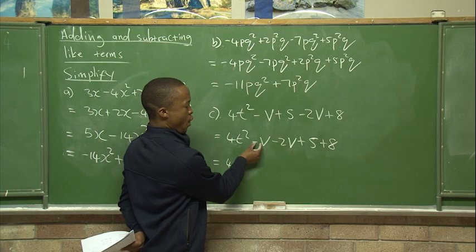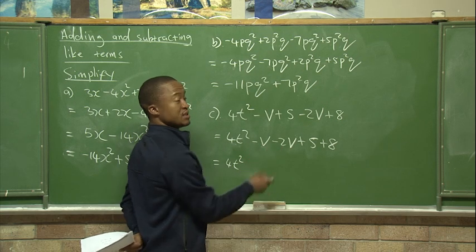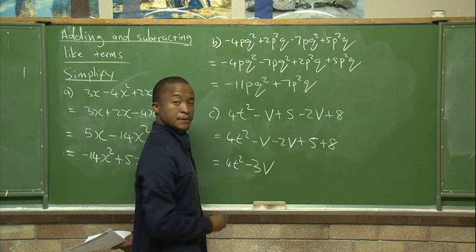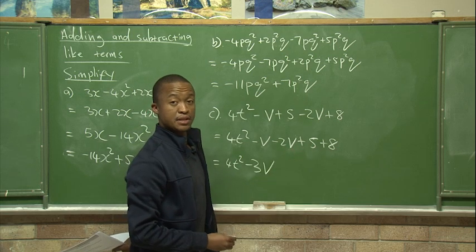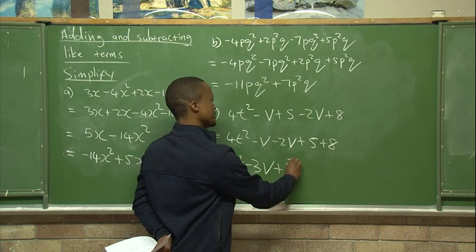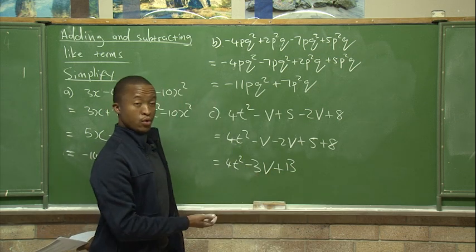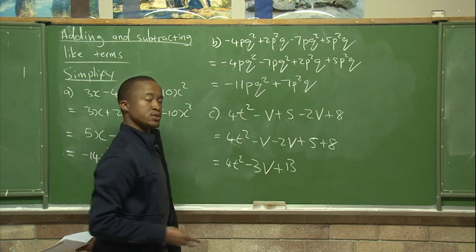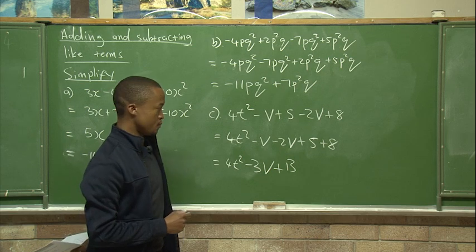So we have negative 1 minus 2. And negative 1 minus 2 will give us negative 3. So it means we have negative 3v. And then the constants 8 plus 5 will give us 13. Then we have positive 13. And with that, we can't add or subtract anymore because we don't have any other like terms. So it means the expression will remain as it is, as a simplified value.